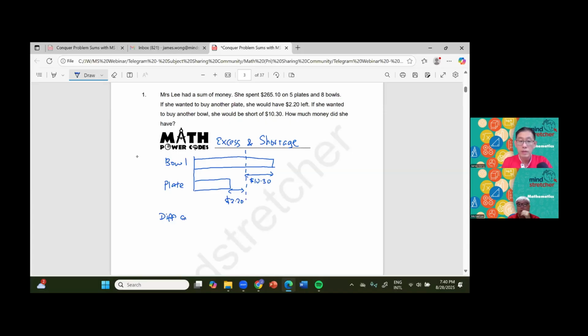Let me write this down here. Difference in cost, in this case, is $2.20 plus $10.30, and that will give me $12.50.